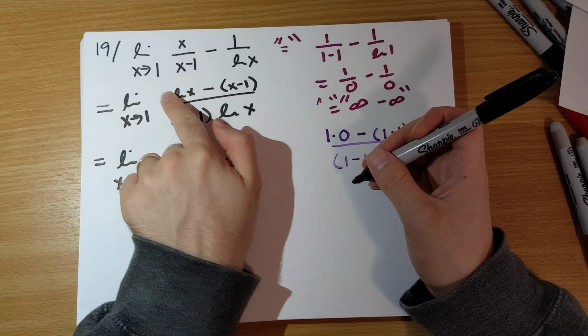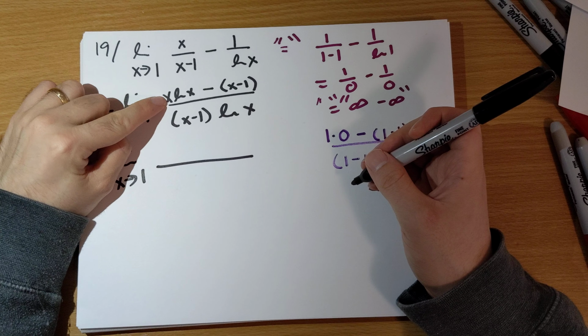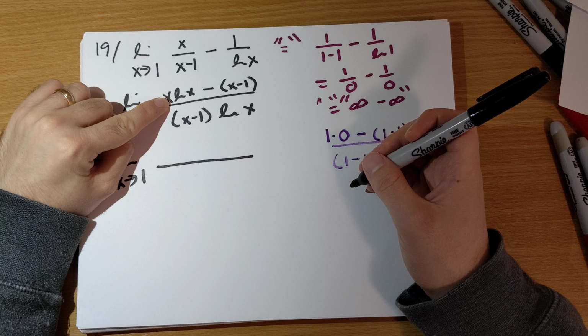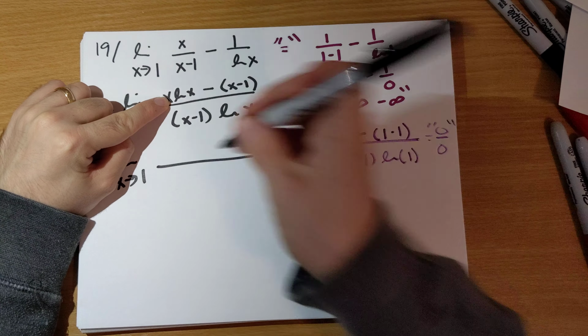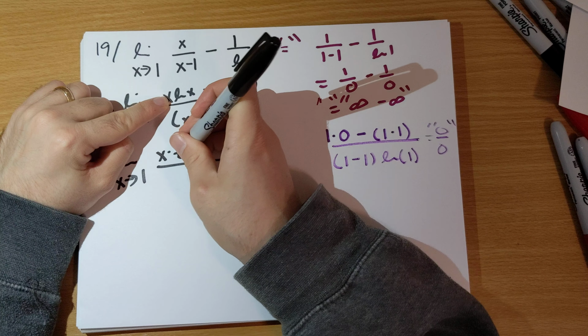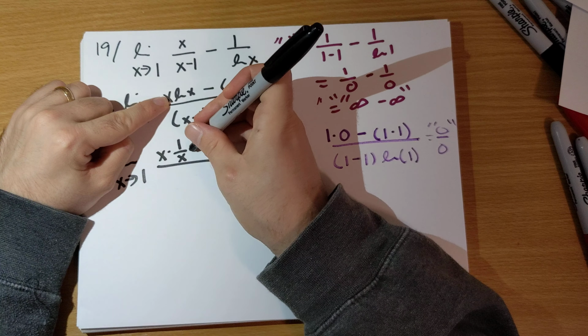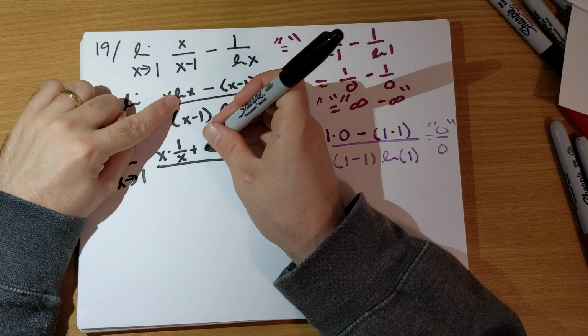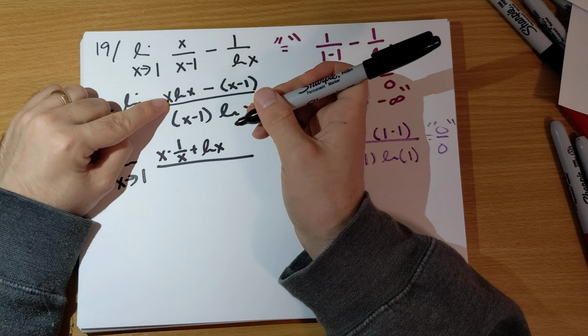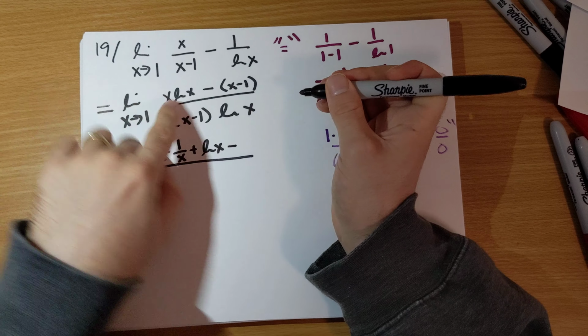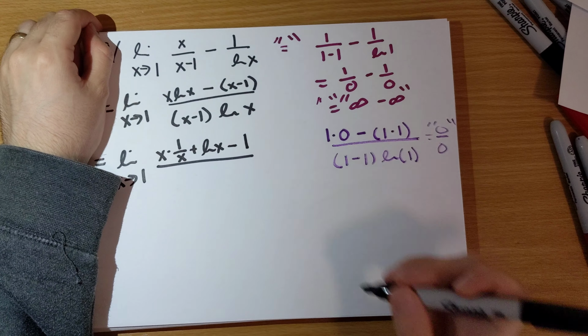The derivative of the top function, x times natural log of x, we need to use the product rule. So x times the derivative of natural log of x, which is 1 over x, plus the natural log of x times the derivative of x, which is 1, minus the derivative of this over here, which is 1.